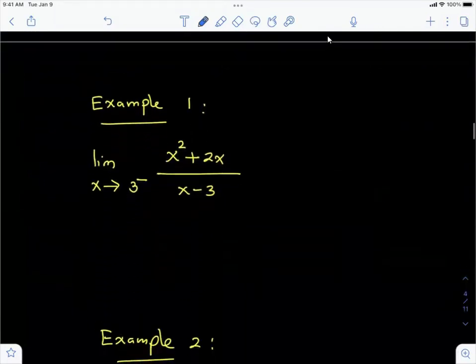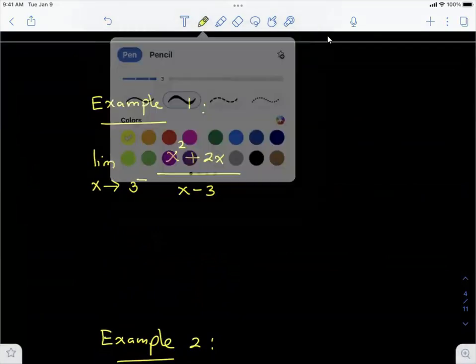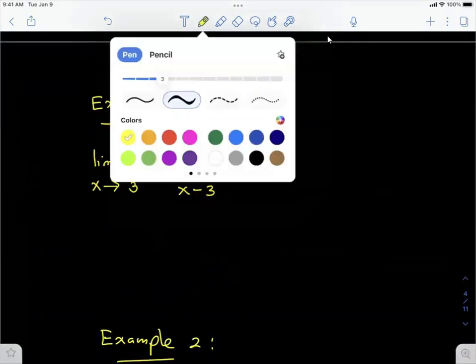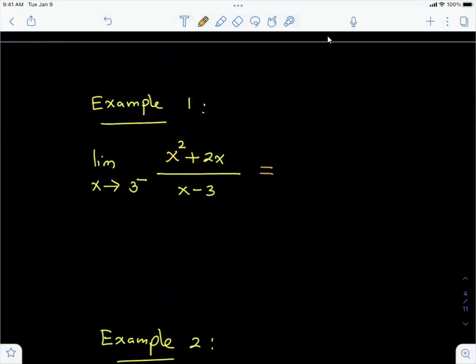Now, let's look at the next example. Since we are already familiar with this concept, why don't we do this computation right away? x goes to 3 from the negative side, left side. So that simply means this quantity is going to 0 as a negative number. That simply means the denominator is negative.